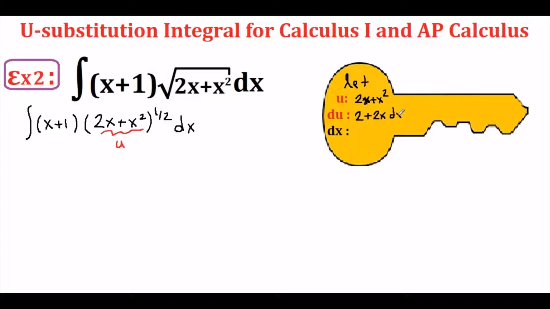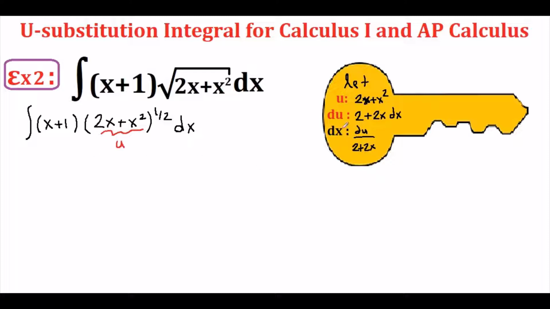And we attach the dx because we take the derivative with respect to x. Now we're going to solve for dx here. If you divide both sides by 2 plus 2x, dx will be du over 2 plus 2x.